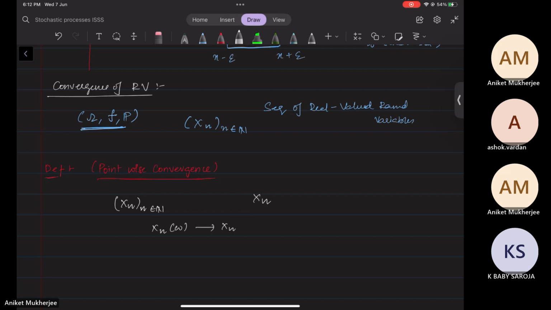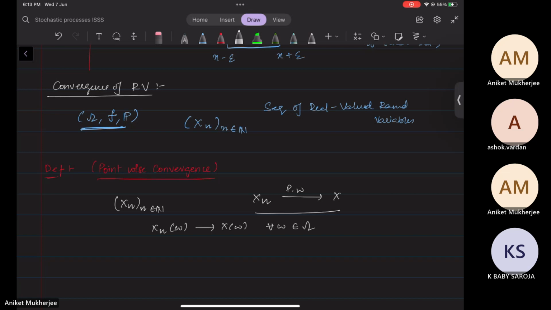So we say that xn converges pointwise to x. This is basically saying that the sequence satisfies the pointwise property and converges to x. If it converges to x, what it means is, for all omega belonging to the outcome space. So you know that a random variable is basically, you take the outcome and it maps to a real number.